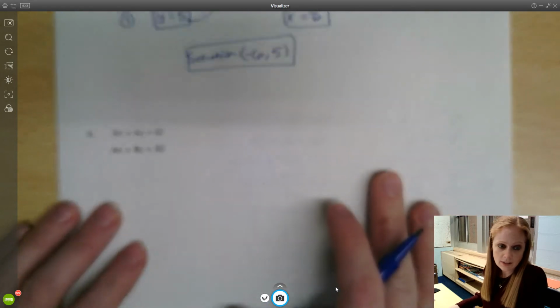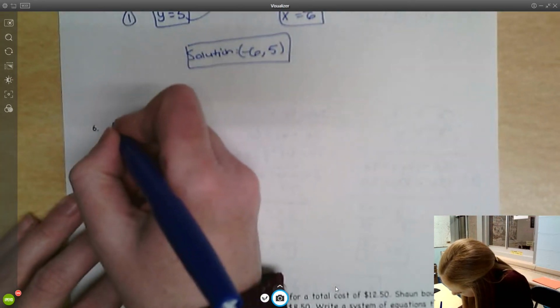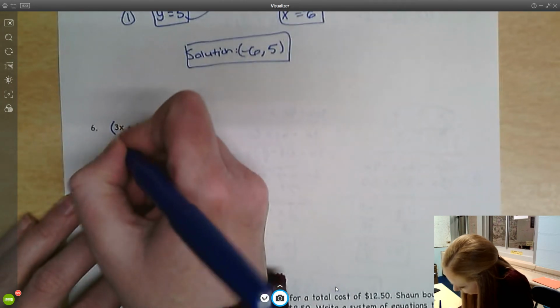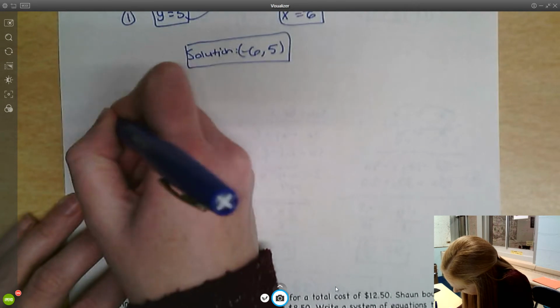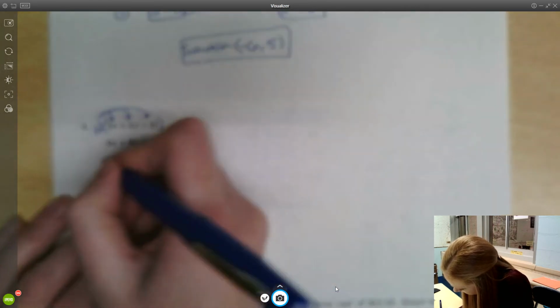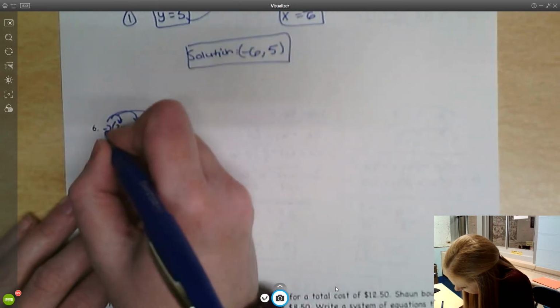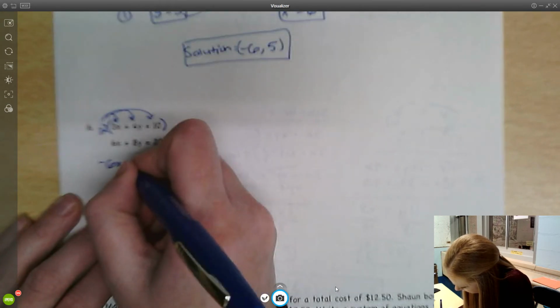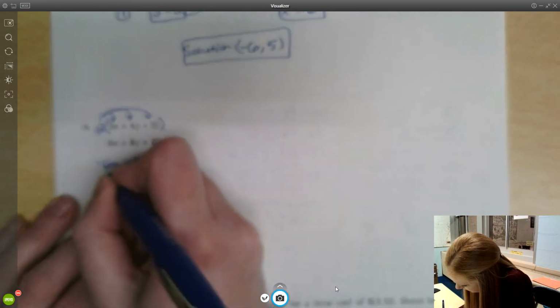All right, number 6. We don't have any additive inverses, but we can very easily make this one into a negative 6x to cancel with the 6x by multiplying by negative 2. Then we'll have negative 6x. Negative 2 times 4 is going to be negative 8y, and negative 2 times 10 is negative 20.